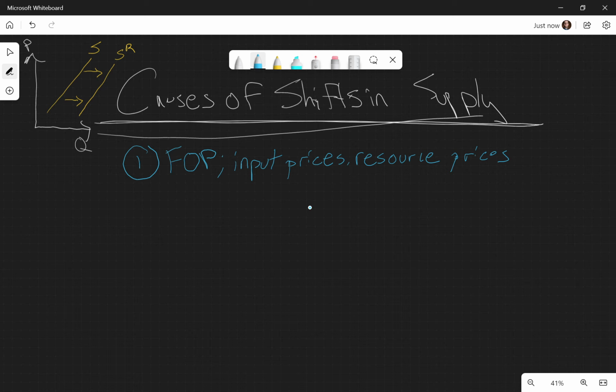And so if our market, if the product that we were making was a skateboard, the situation that would have to happen for our supply curve to shift to the right would have to be that one of the inputs becomes cheaper.